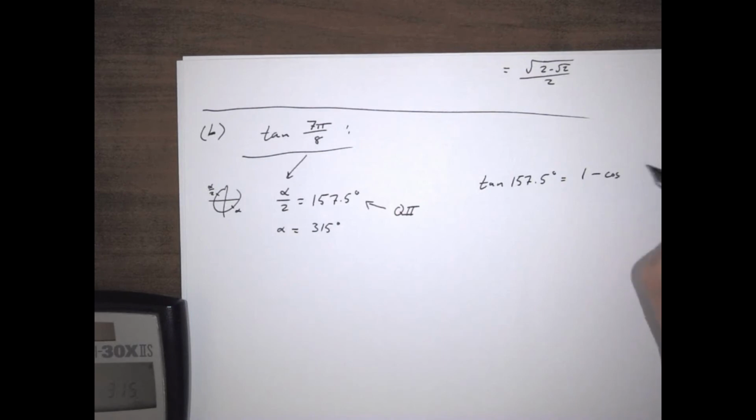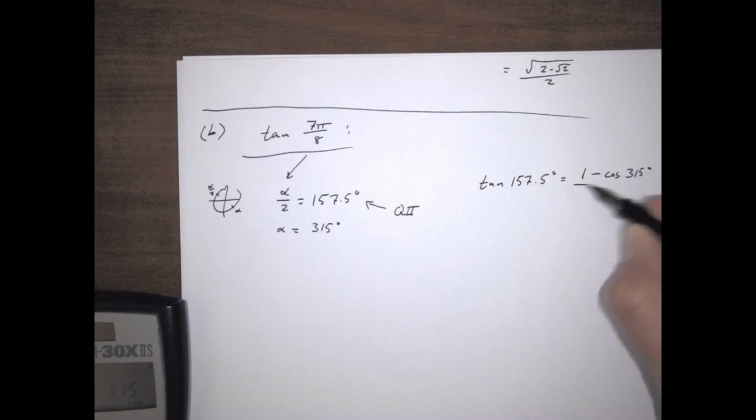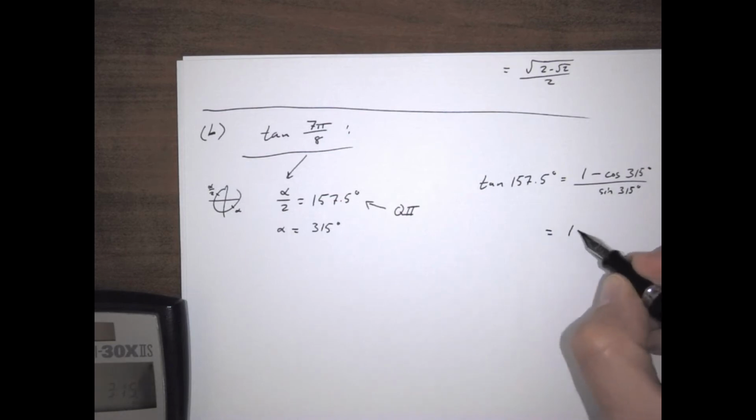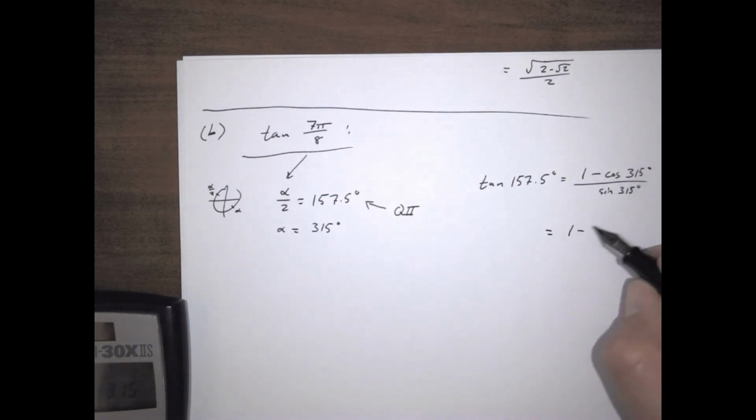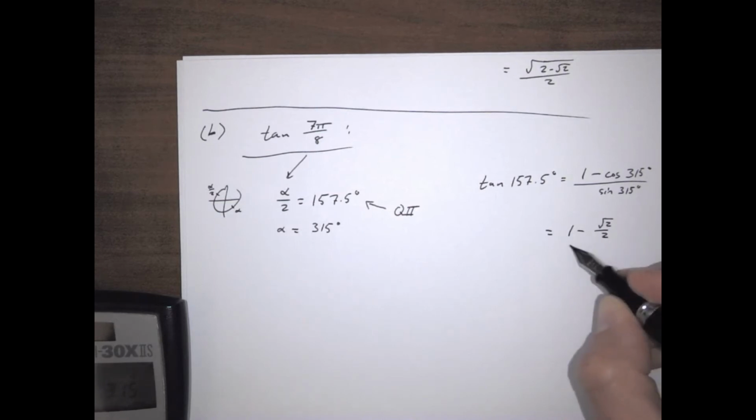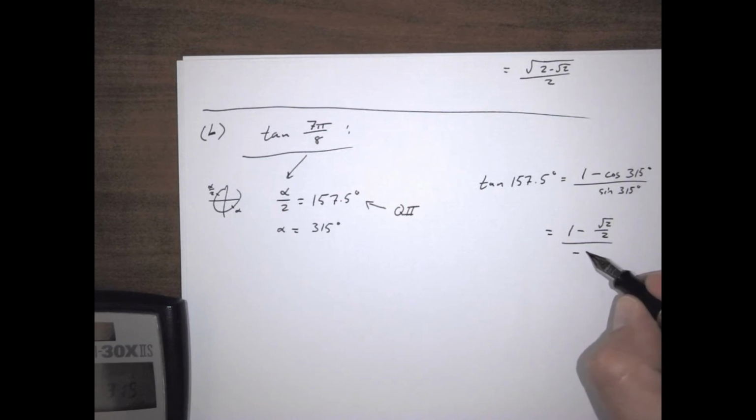1 minus cosine 315 degrees, all divided by sine 315 degrees. It's going to be 1 minus, and then the cosine of 315 degrees is going to be root 2 over 2, divided by sine of 315 degrees, which would be negative root 2 over 2.